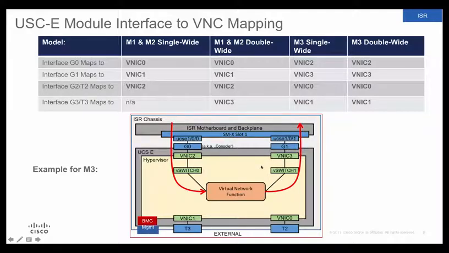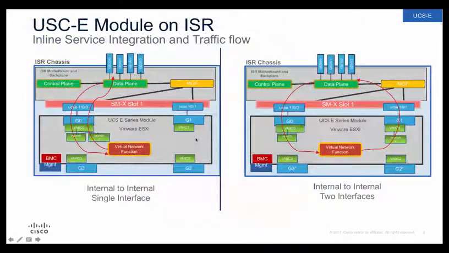So when you log into the router and see these interfaces, you will see UCS-E 1/0/0 as well as UCS-E 1/0/1. This interface will be useful when you want to do any kind of configuration for these internal interfaces.